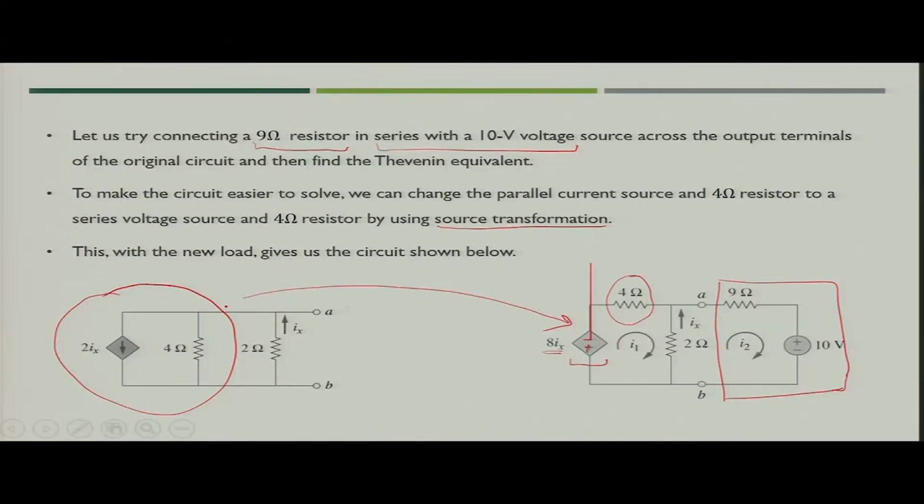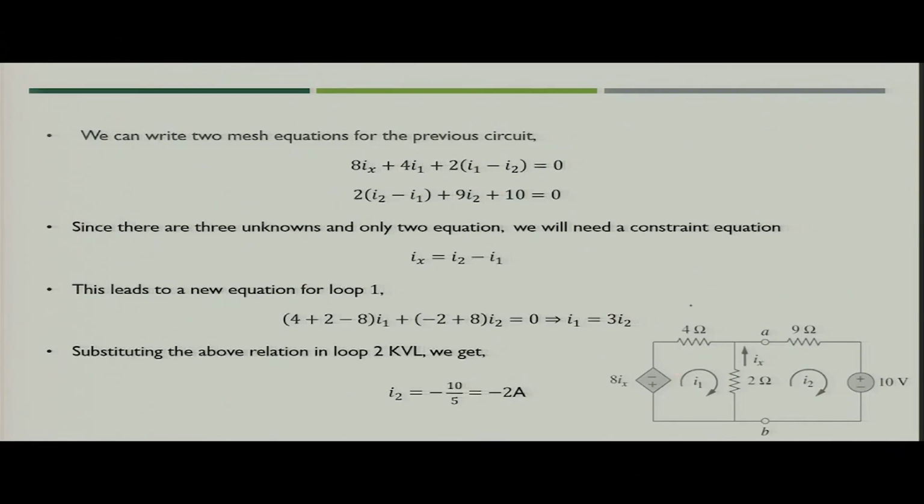So, this particular segment is now converted into a voltage source in series with 4 ohm resistance. Then you add the 2 ohm resistance, that is part of the circuit, in parallel, and this is the load component which you have connected at terminal A B. So, the updated circuit would look like this.